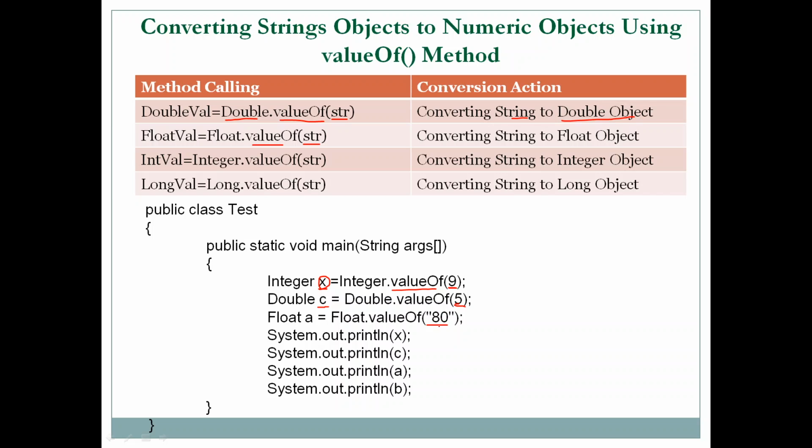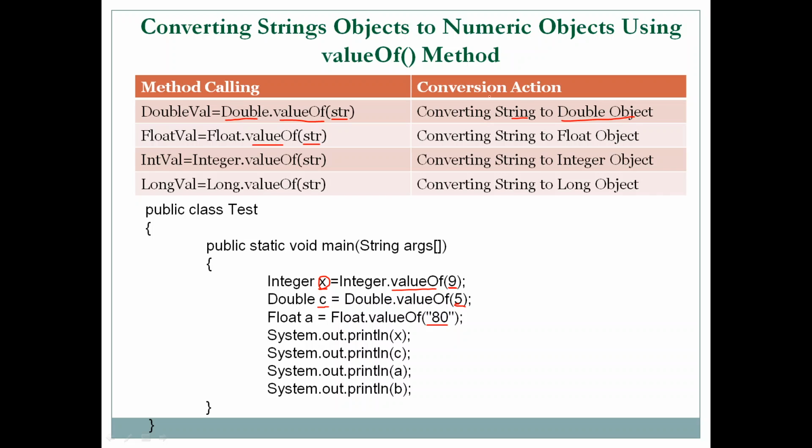So this string 80 I am converting into Float a, that is an object Float, by using the valueOf method, and the same we are printing at the end. This is how we can convert string objects, or any type of objects, into numeric object representation by using the valueOf method.